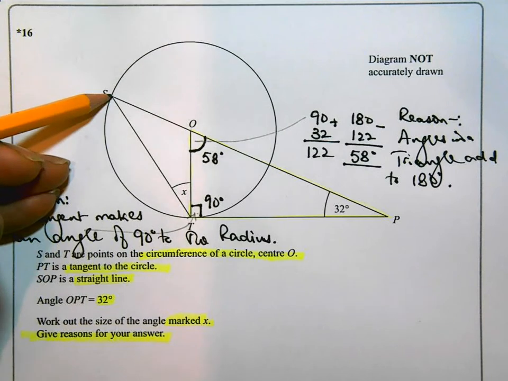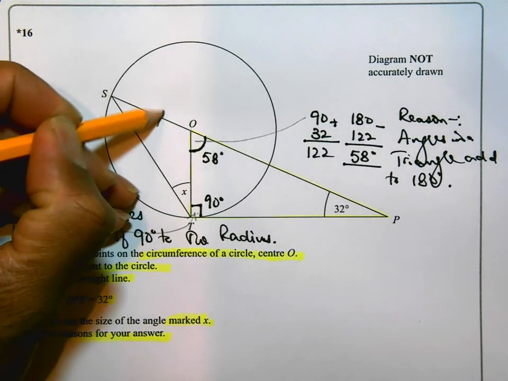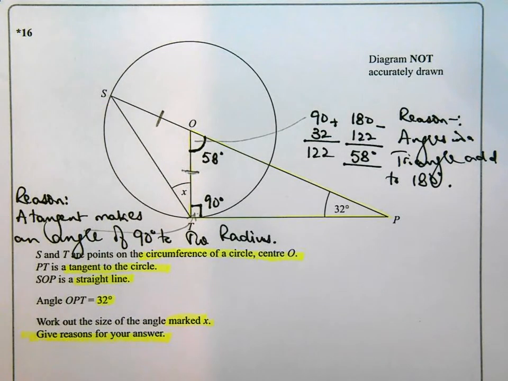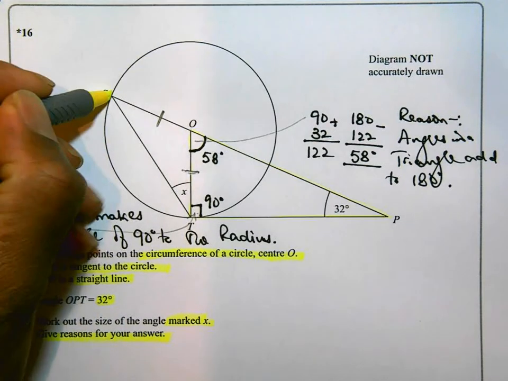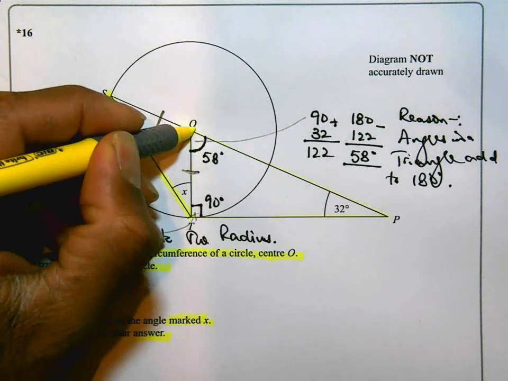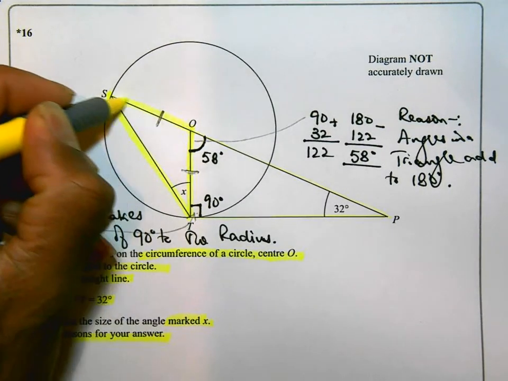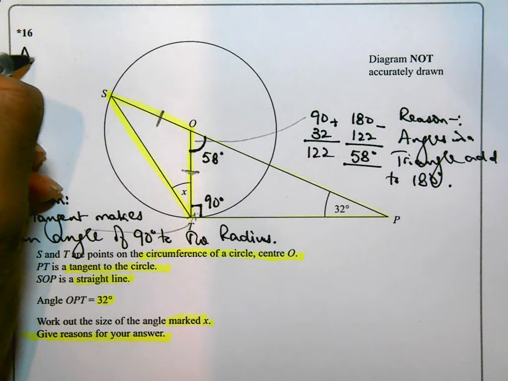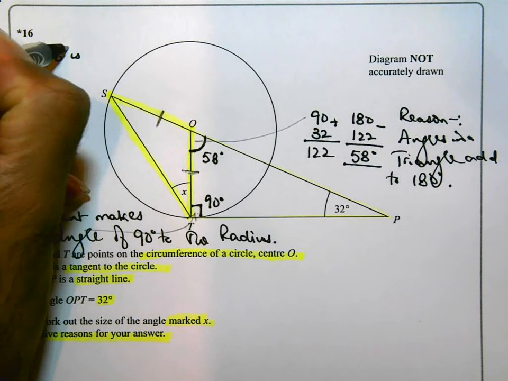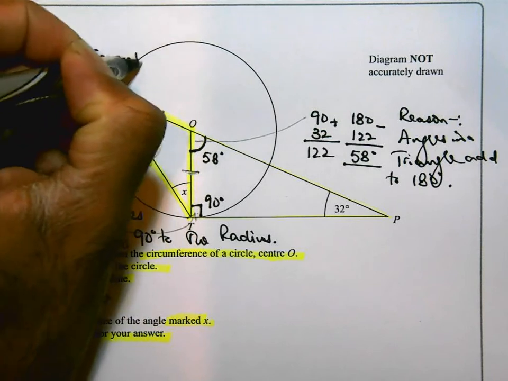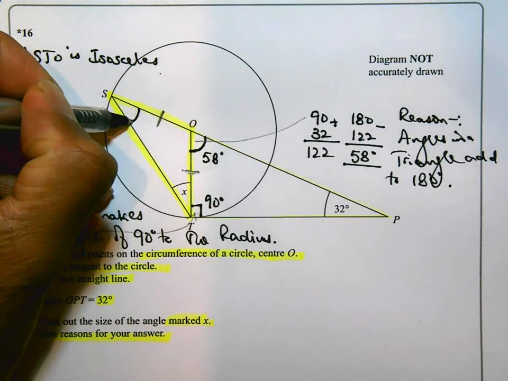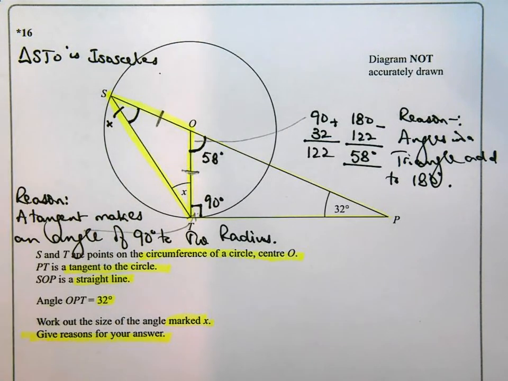That means that this distance here is the same as this distance here, and that makes this triangle STO, so STO is an isosceles triangle. And that means that this angle here is equal to X as well. So those two base angles are the same.